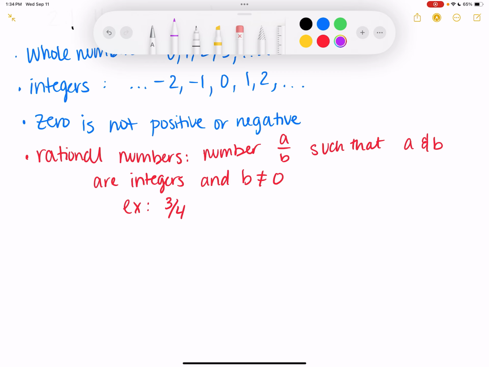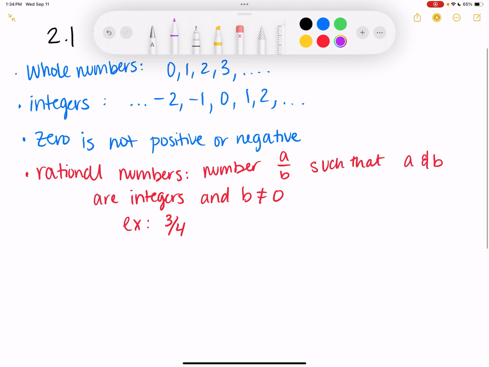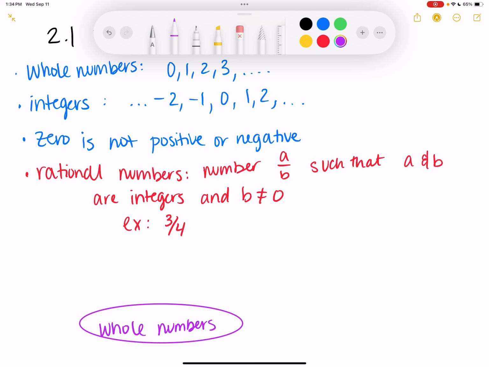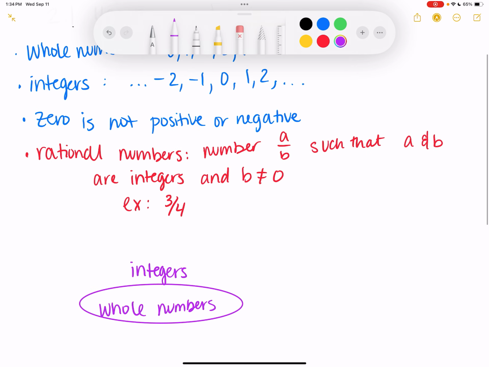So it kind of works its way up. Whole numbers are also part of the integers. I'm going to draw a little table here so you can see how this all comes together. I start with whole numbers. Then I have integers, and whole numbers are part of the integers.